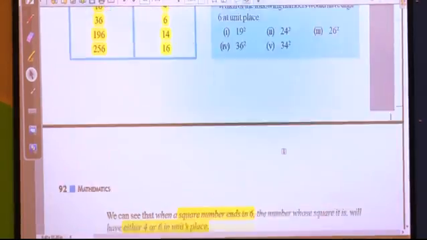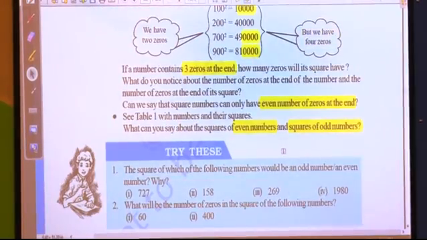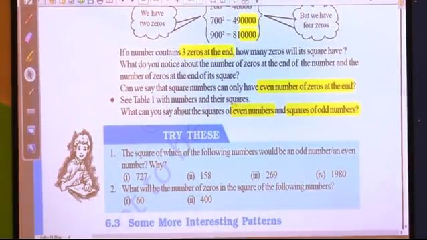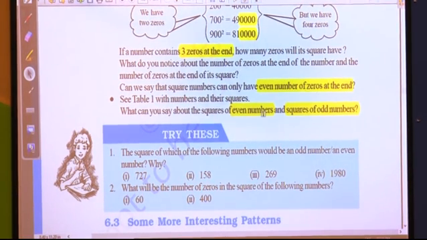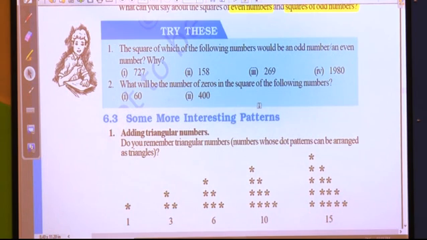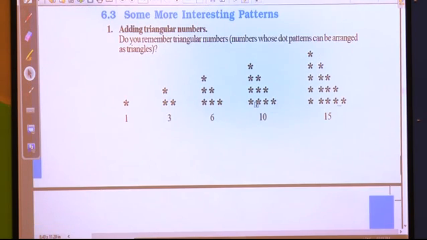What is the conclusion of this question? What can you say about the squares of even numbers? Squares of even numbers are even and squares of odd numbers are odd. We shall proceed further for the next part.